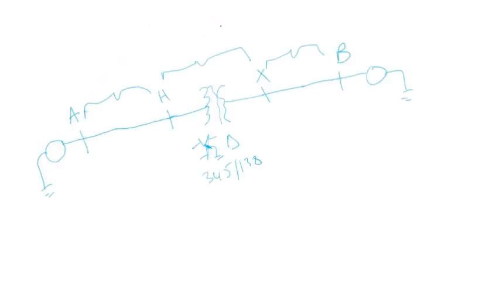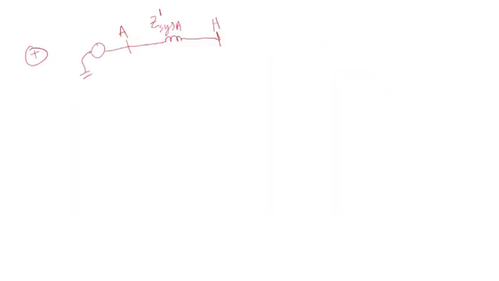So basically, I'm taking this one-line diagram and extracting the sequence components from it, because to calculate the line to ground fault currents, you have to use these symmetrical components. So H, then we have the transformer. It has some positive sequence impedance.